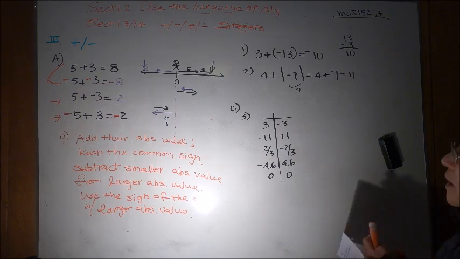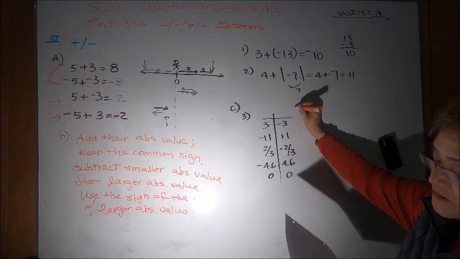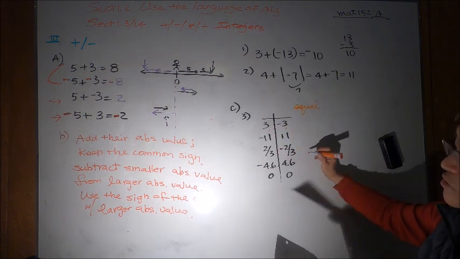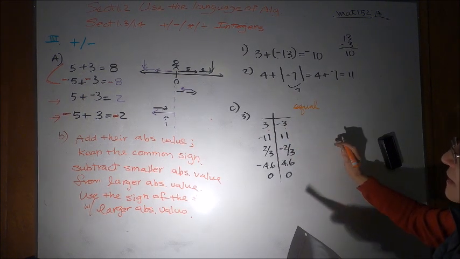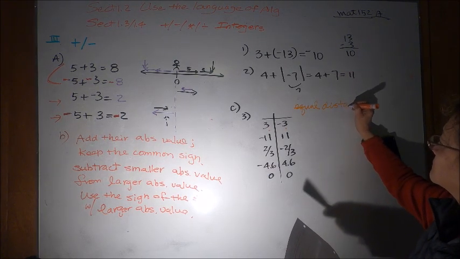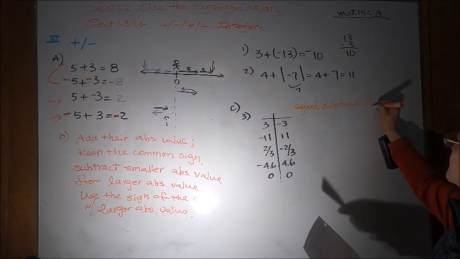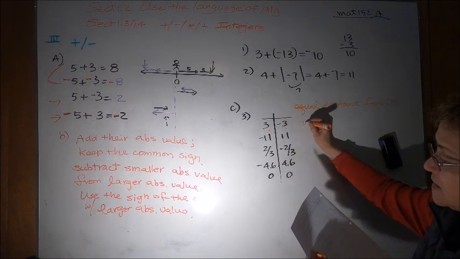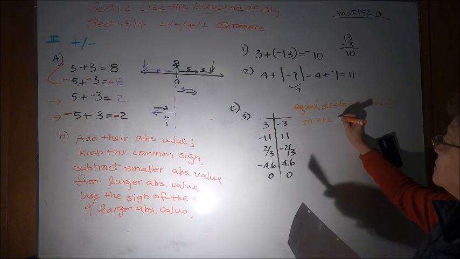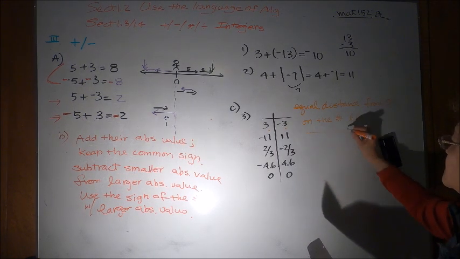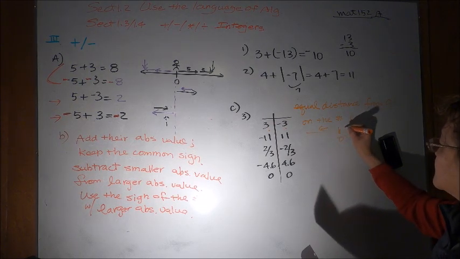So we say, what are opposites? Opposites are numbers which have equal value. That means equal distance from 0, right? On both sides, on the number line. Opposite side of the 0.